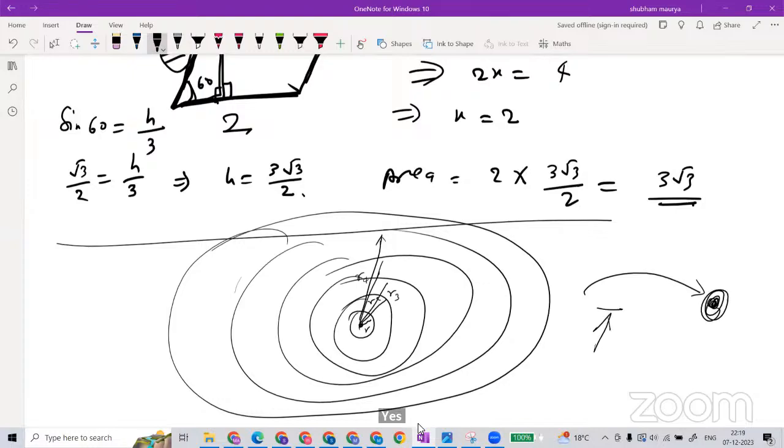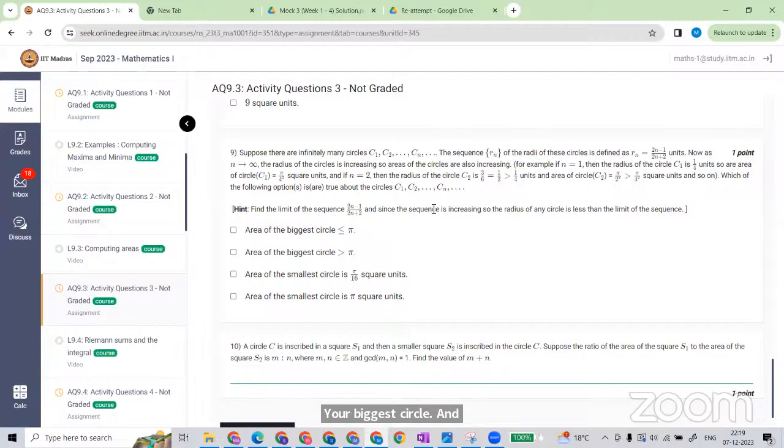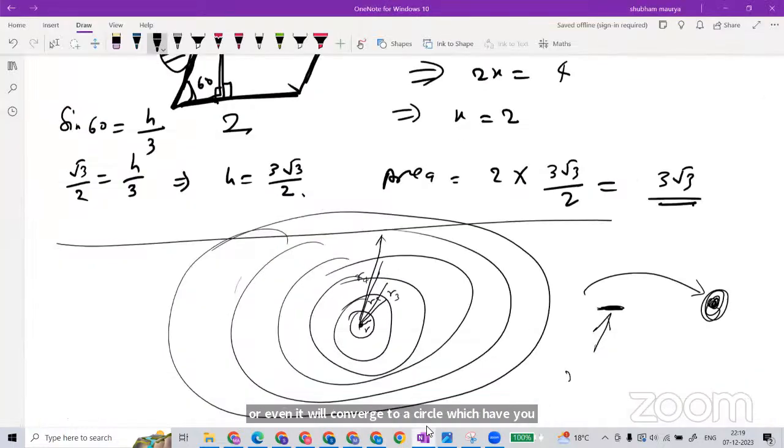As the sequence is increasing, it will be at the maximum point. That is going to be your biggest circle. As the circles are given as a kind of infinite, continuously increasing sequence, it will converge to a circle which has the largest radius. The sequence Rn will converge to some number.